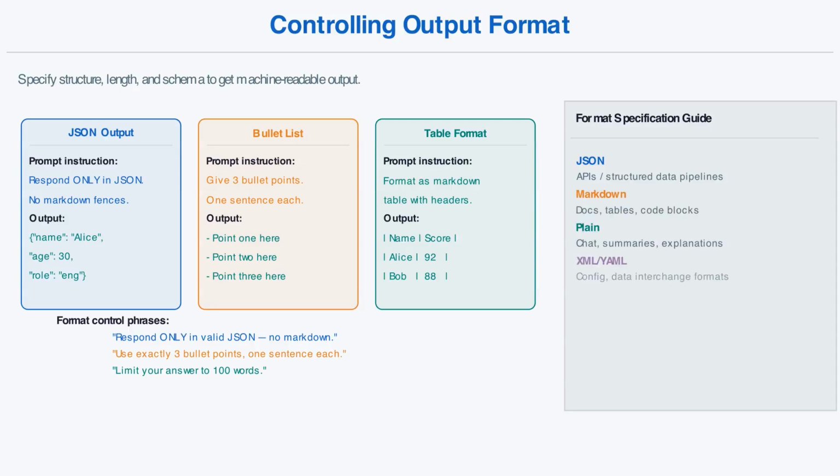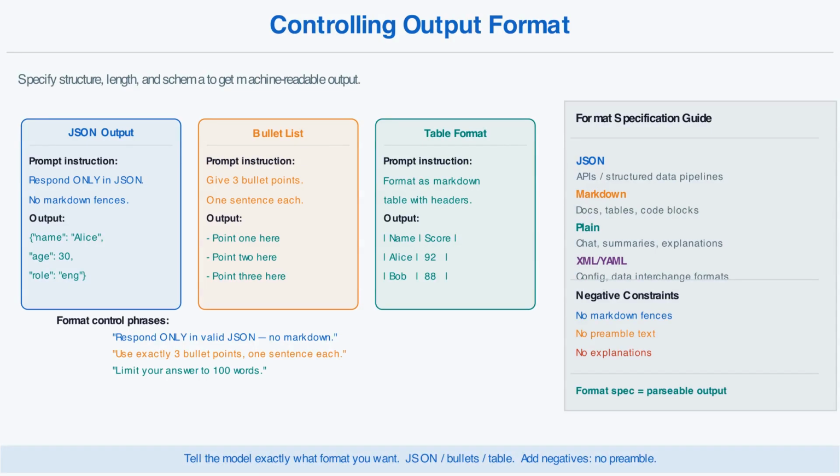Language models produce freeform text by default. But for production applications, you almost always need structured, predictable output: JSON for APIs, markdown tables for documents, bullet lists for summaries. Format control prompting lets you specify exactly what structure you want. The most important rule: be explicit and literal. Do not say respond with data in a structured format.